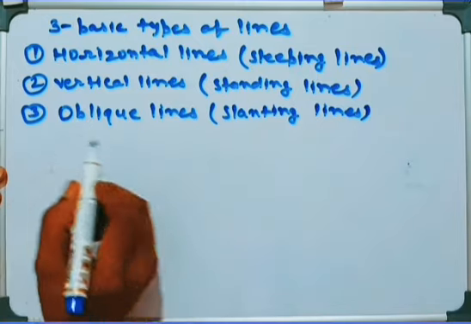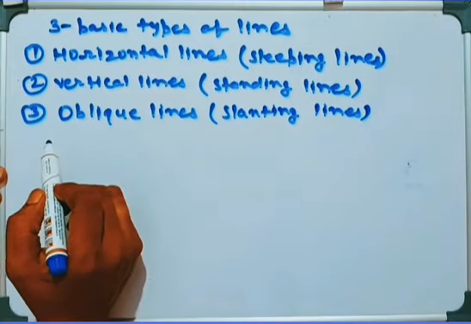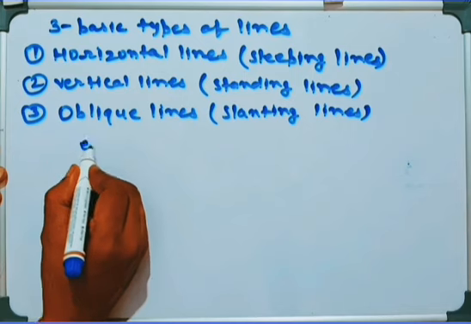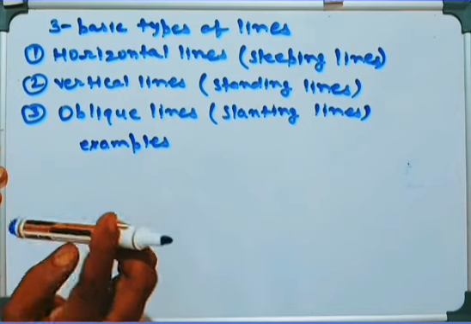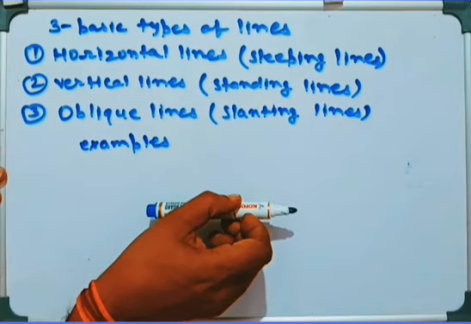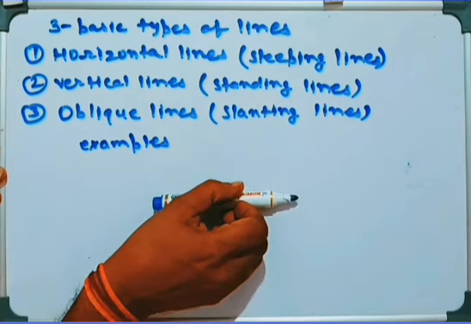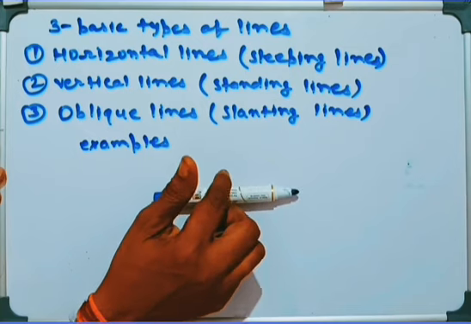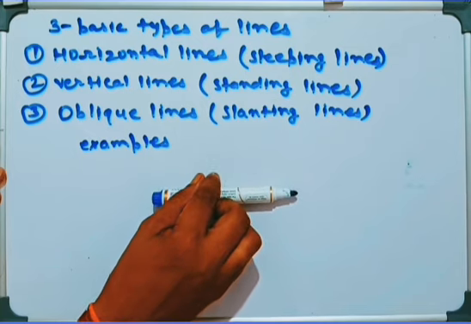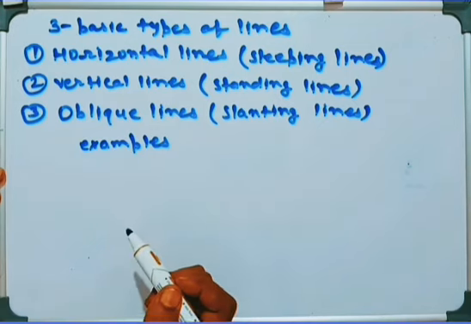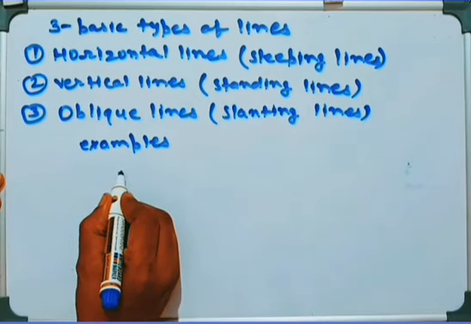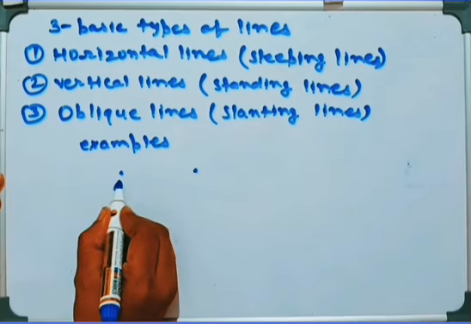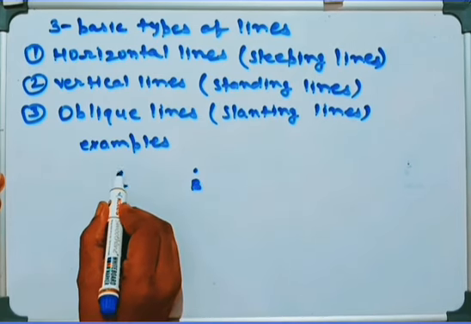Now, examples of horizontal, vertical and oblique lines. When this sketch pen is lying like this, then we say this is lying horizontal on the board. Now, how could we draw horizontal lines? See here, A and B are two different points.